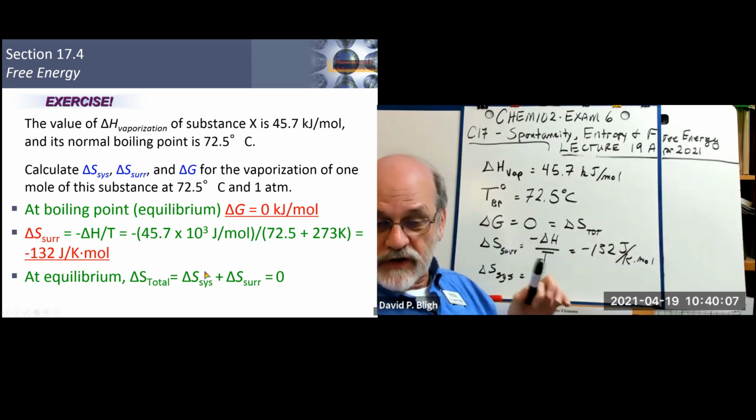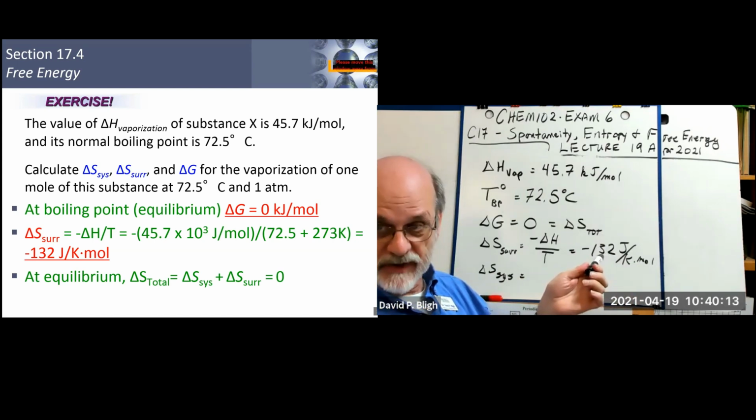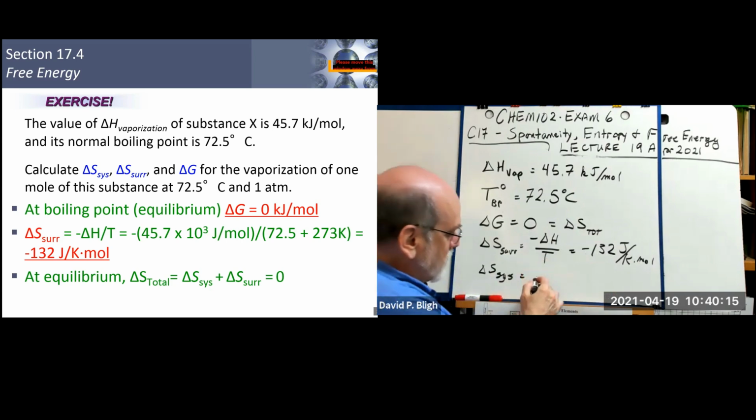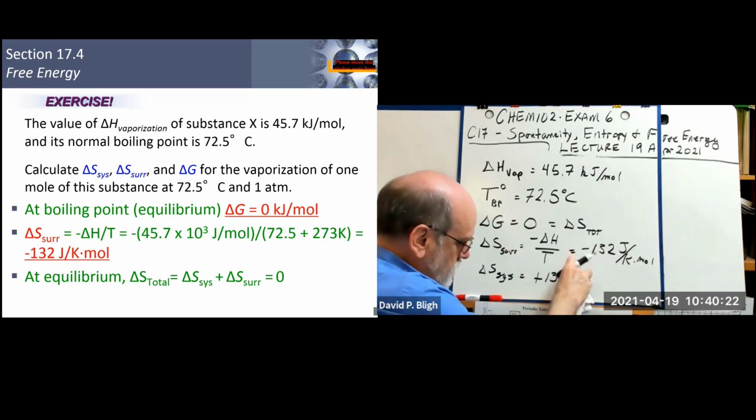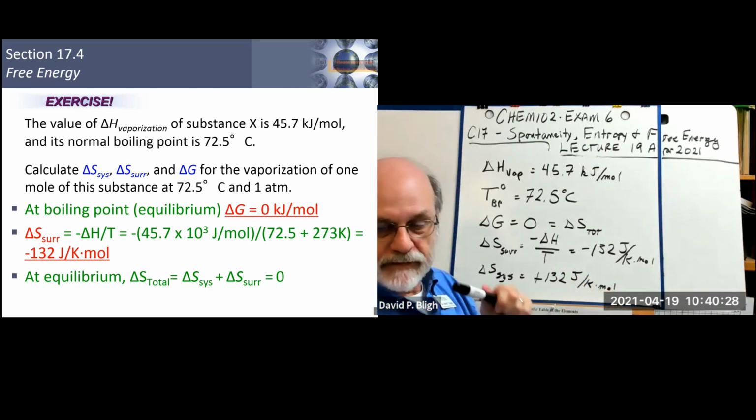And you have to add these two together to get the total. Then if one of them is negative, the other one has to be positive in the same magnitude to be 0. So this one is going to be positive 132. Oops, I almost made a mistake there. Joules per K mole. Okay.